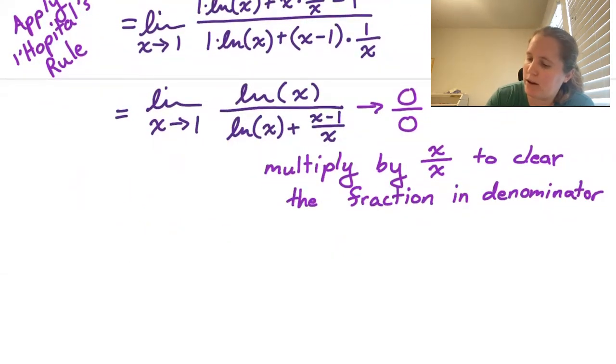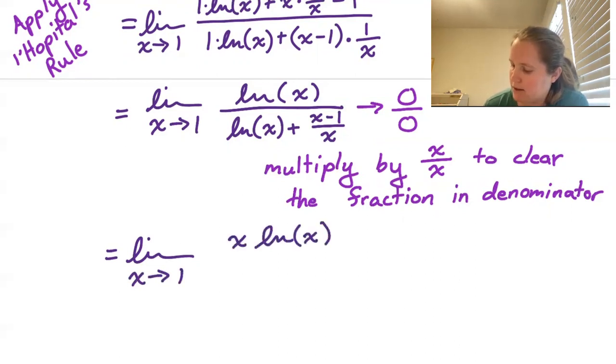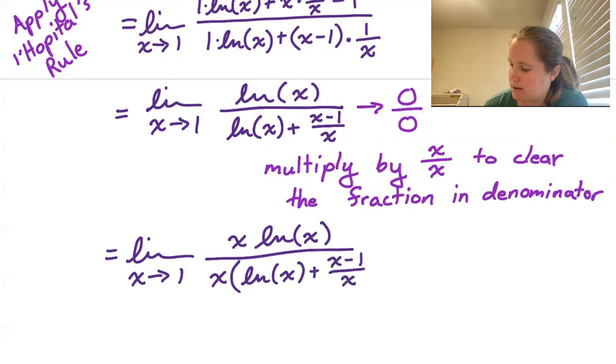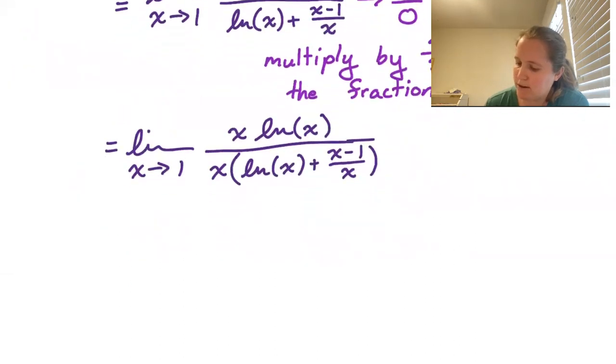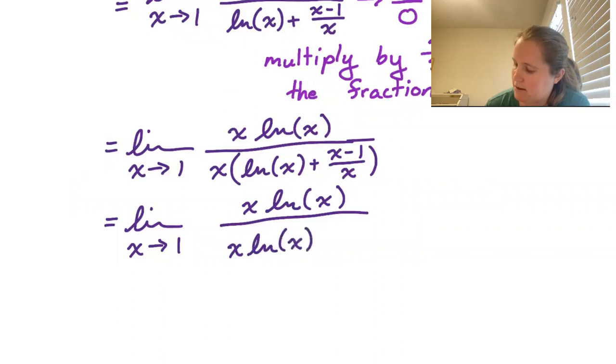So at this point, we'll have the limit as x approaches 1 of x times the natural log of x all over x times the natural log of x plus x minus 1 over x, or the limit as x approaches 1 of x times the natural log of x over x times the natural log of x plus x minus 1.